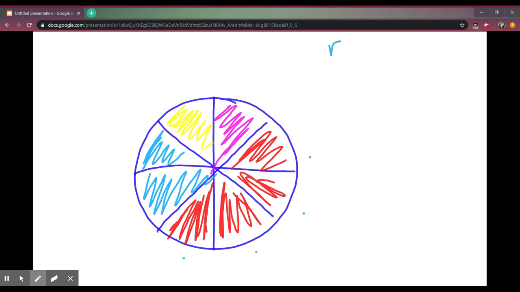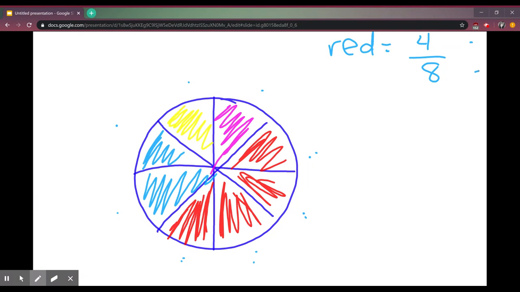I'm going to write red right here. So I have 4 red out of, I'm going to count all of them now. So I had 1, 2, 3, 4, 5, 6, 7, 8. So 4 pieces out of my 8 total are red. 4/8 is how you say that.